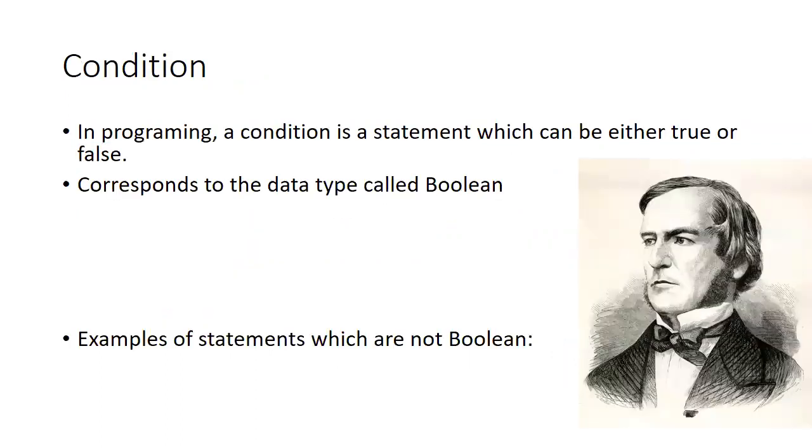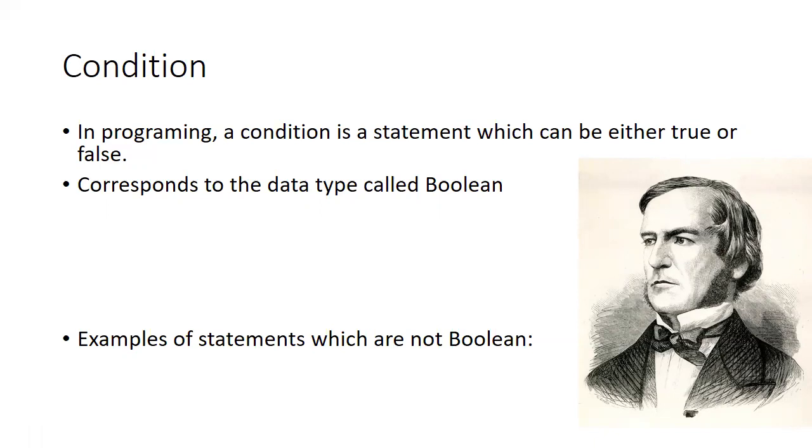So we have this gentleman here. His surname was Boole, and his name became used for a type of algebra. He was a mathematician, and you'd recognize algebra as being part of mathematics.